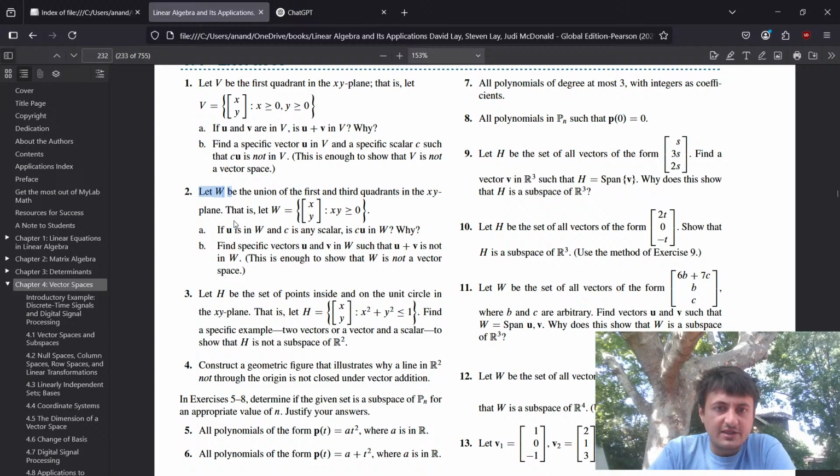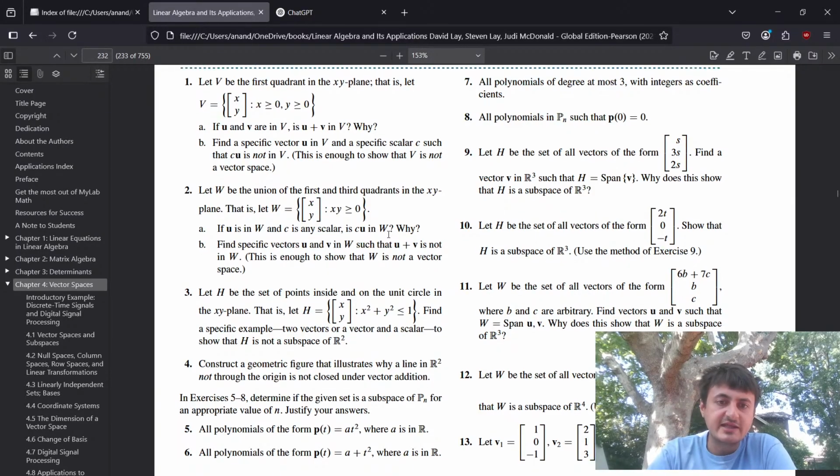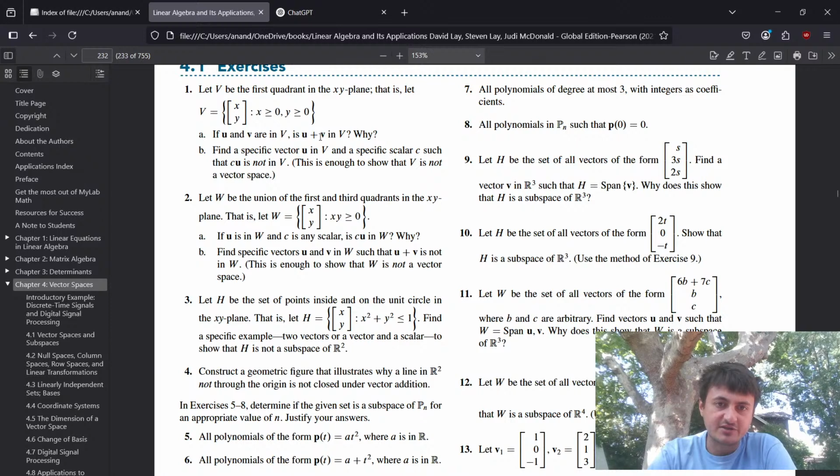Okay, so here's the thing though. If u is in W and c is any scalar, I actually think that's true though. So these are good examples, because this shows that you can construct a set that is closed under addition but not a vector space.